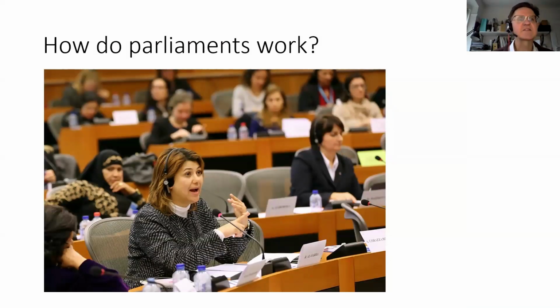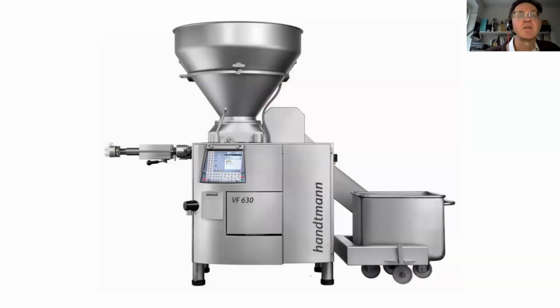So let's think quickly about how parliaments work. Is Parliament a forum for reasoned debate and careful deliberation, as we see in this picture here? Or is it, in fact, something more like a sausage machine, with voting determined mainly by orders from the party?